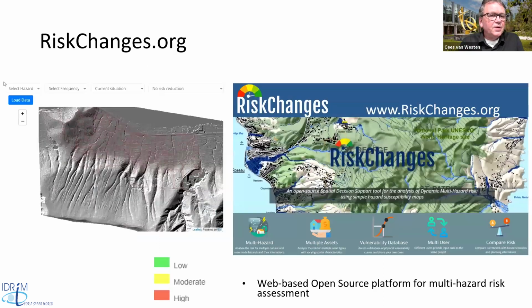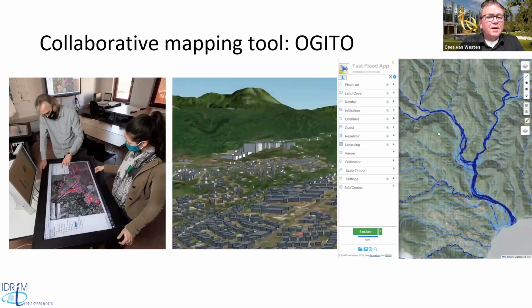So we have that also as an online tool, which can also be used to analyze the effect of climate change and other future changes, and also the changes in terms of risk reduction. So you can test out what would be the change in risk if we do a certain development in an area. And that could be the basis then for cost-benefit analysis for further analyzing this.